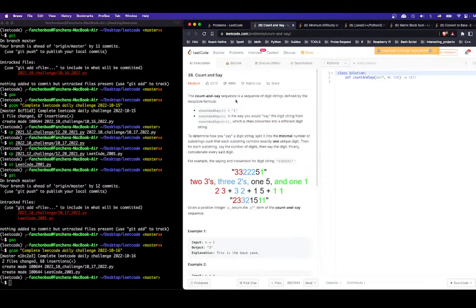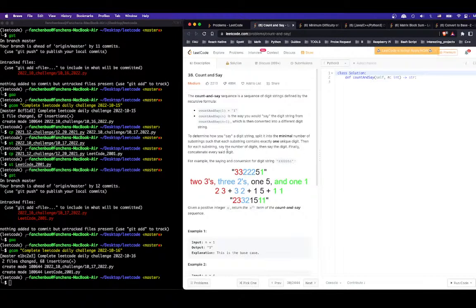Count and say is a sequence of digit strings defined by the recursive formula. Count-and-say(1) equals 1. Count-and-say(n) is the way you would say the digit string from count-and-say(n minus 1), which is then converted into a different digit string. How you say a digit string is split into the minimum number of substrings such that each substring contains exactly one unique digit.